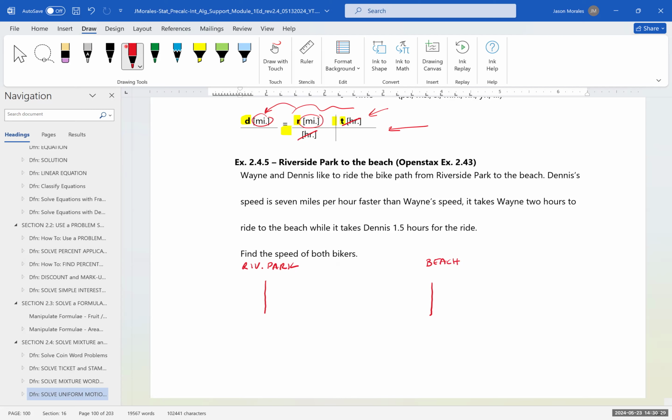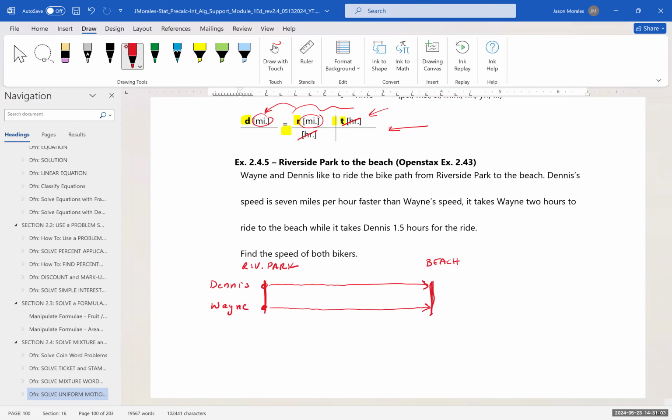And we have two people, Dennis and Wayne. Riverside Park is like their starting line, and the beach is their finish line. Dennis starts at Riverside Park and rides his bike all the way to the beach. And Wayne gets on his bike at Riverside Park and he rides it all the way to the beach.